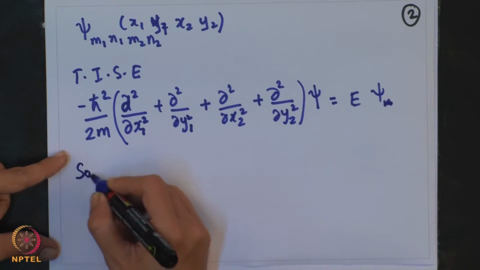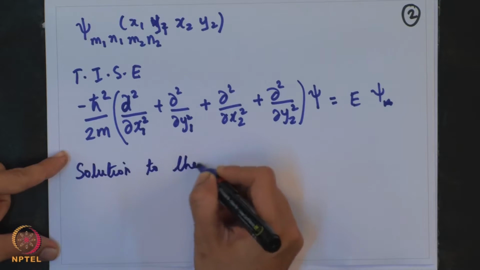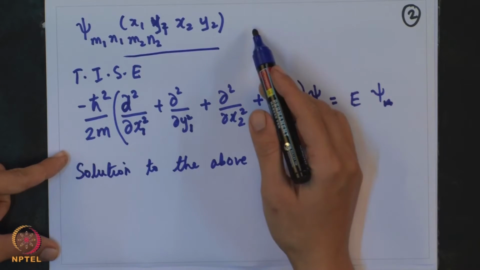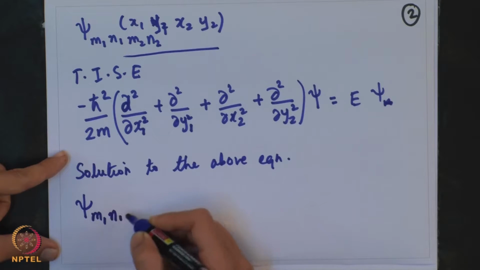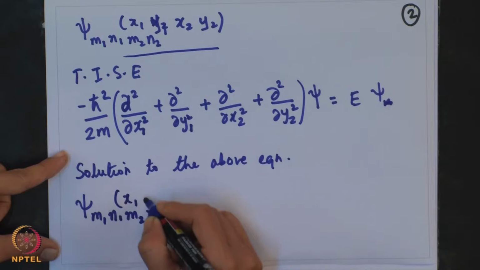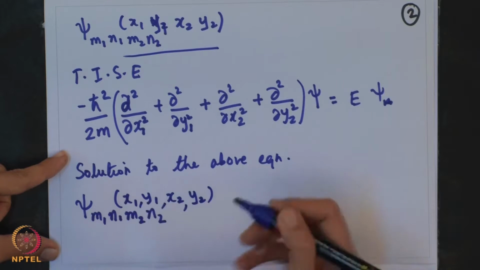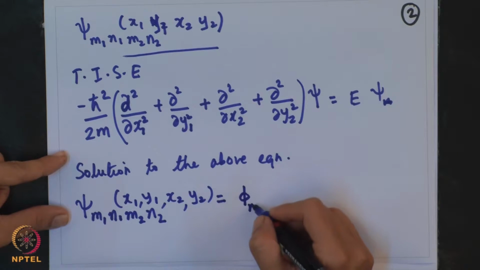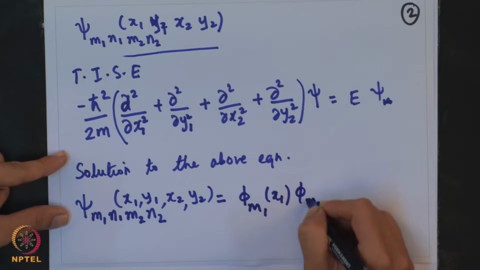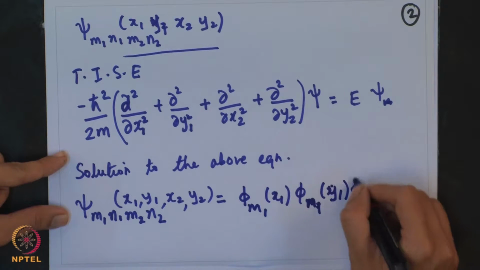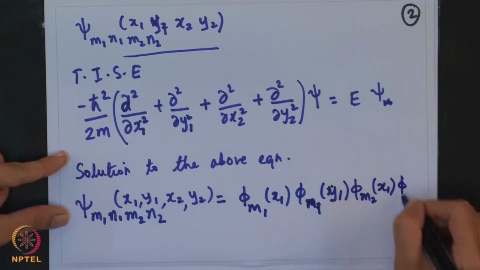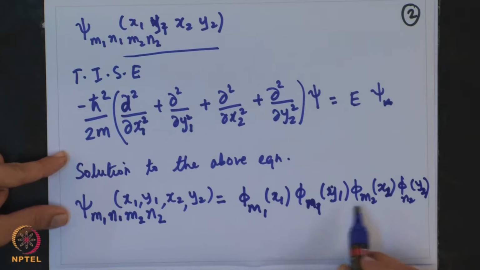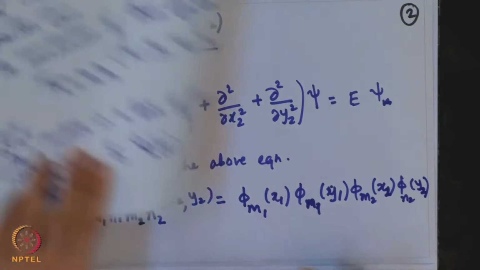So, the solution to the above equation can be written as the wave function. This is the wave function we had already written, but this can be rewritten as the product of the wave functions of individual particles: phi m1 x1, phi n1 y1, phi m2 x2, phi n2 y2. So, each of these wave functions would correspond to these values.